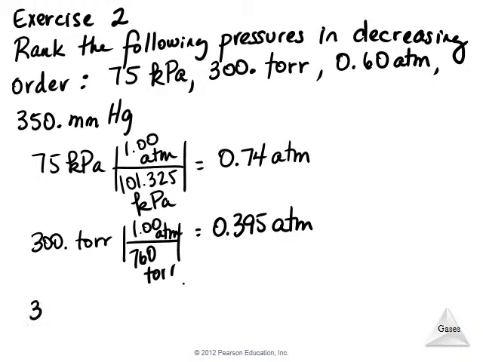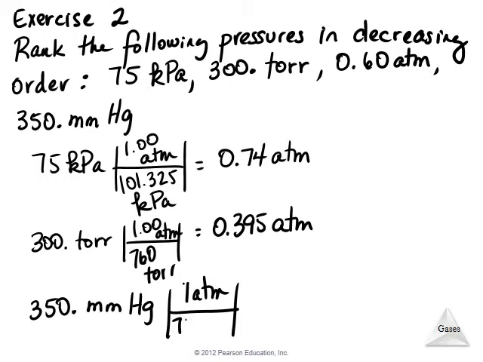Then I've got 350 millimeters of mercury, and again there are 760 millimeters of mercury in 1 atmosphere. And so 350 divided by 760 is about 0.461 atmospheres.